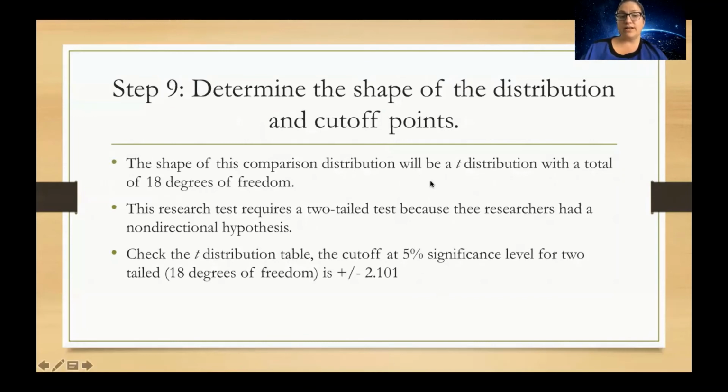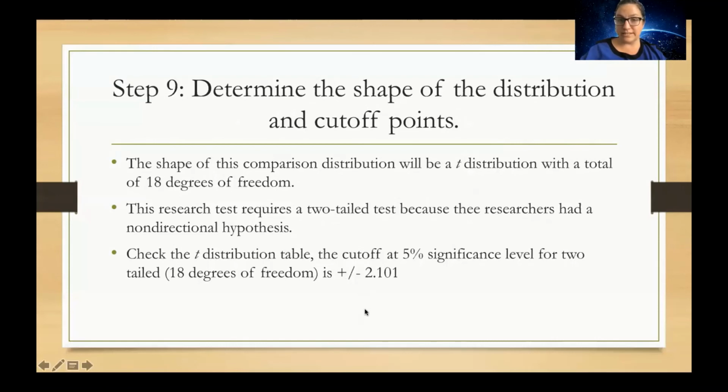We're looking at the total degrees of freedom in this example, which is 18, and we didn't talk about a specific direction, as I mentioned before, so we're looking for a two-tailed test. When you go to your t-table, you look for 18 and the 0.05, 5% significance level, which in this case is plus or minus 2.101.